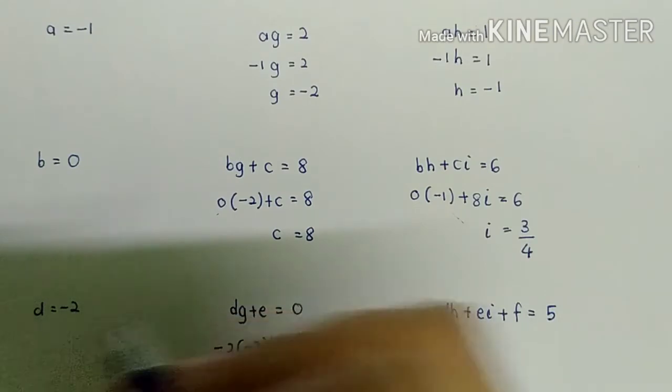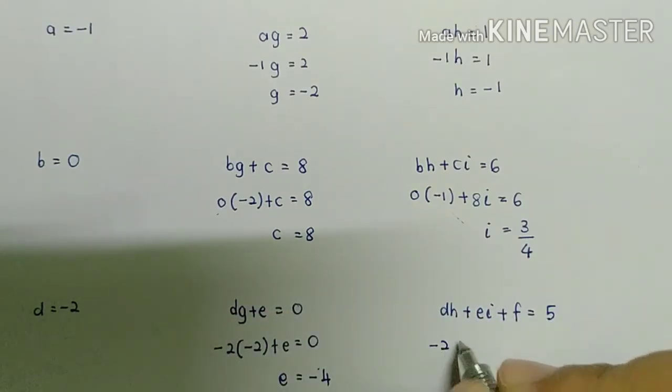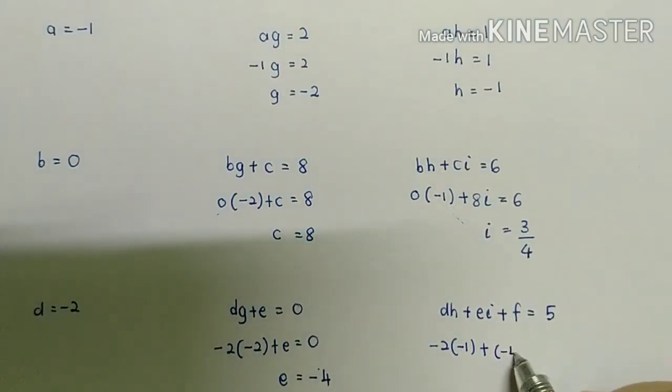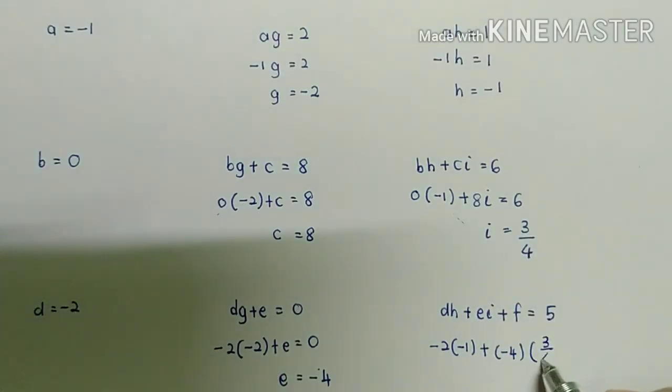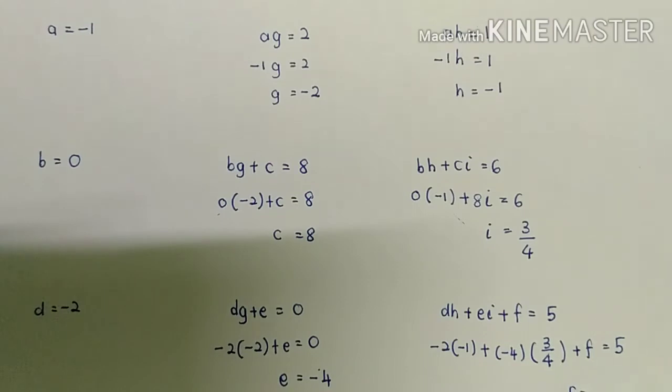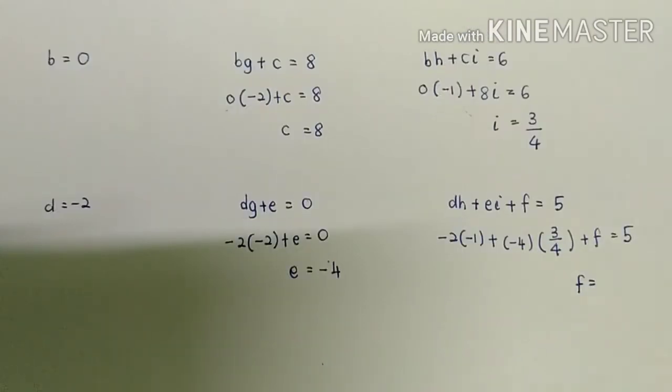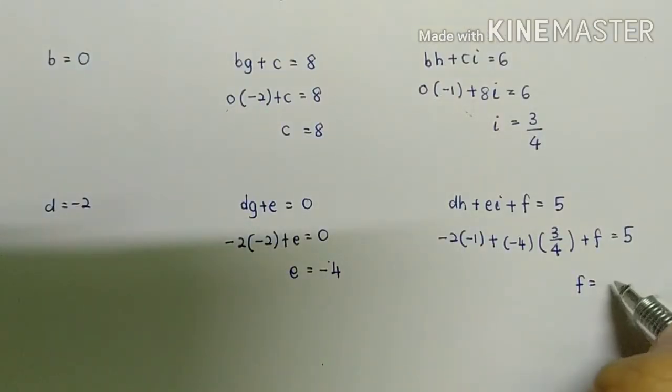Value of D is negative 2 times H negative 1 plus E negative 4 times I 3 over 4 plus F equals to 5. So we calculate and we simplify. So we get the value of F is equals to 6.